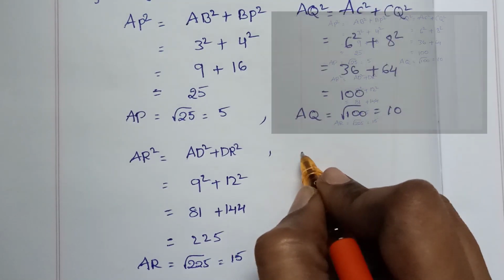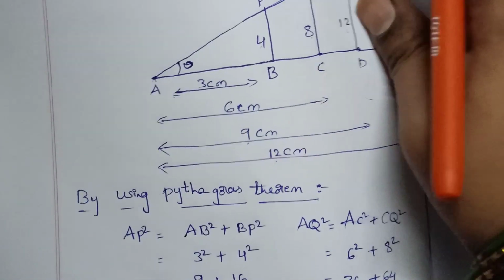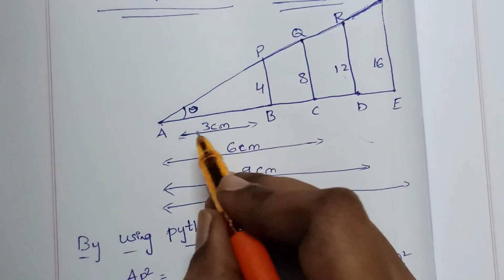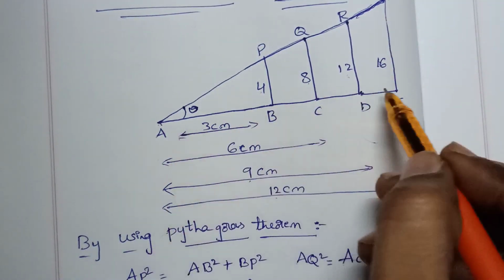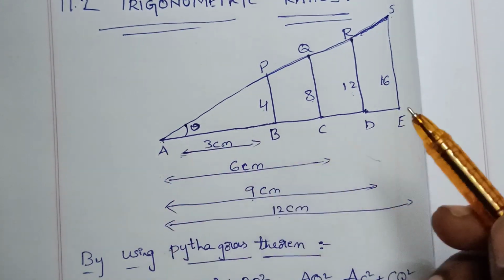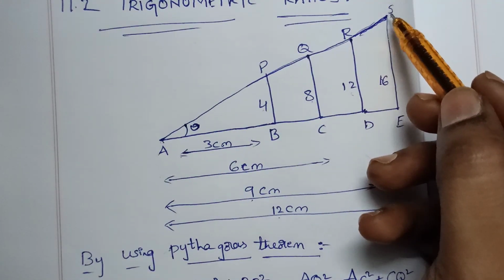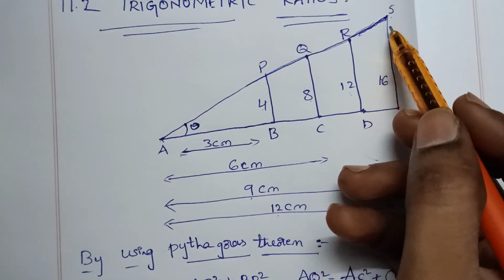Next, find the length of AS square. From the diagram, we take the triangle AES. AS square equal to AE square plus ES square.